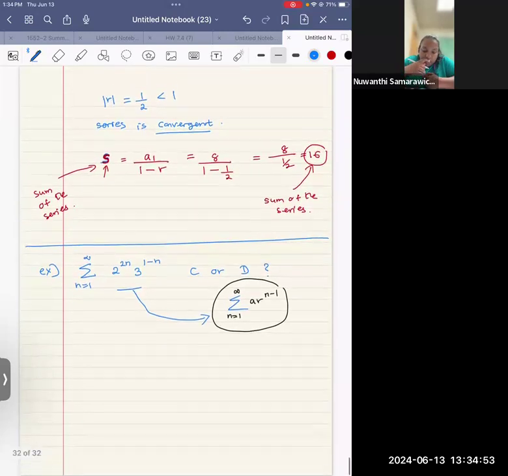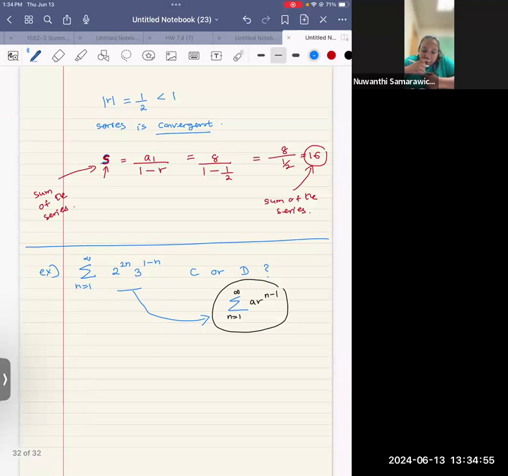Okay, so let's see how to do this. So here you see there's n, there's 1 minus n. We need n minus 1, something like that. So how to get n minus 1?